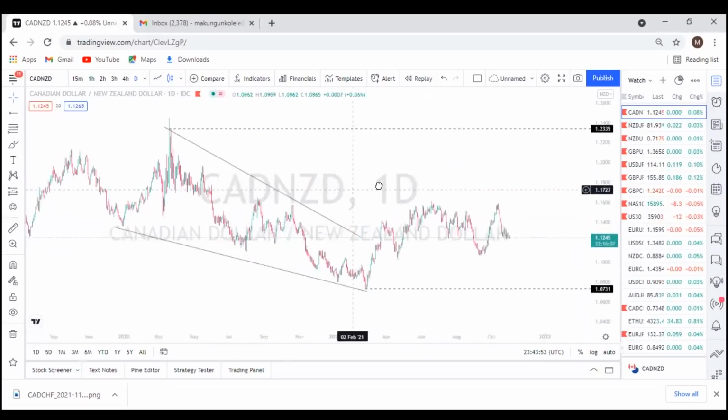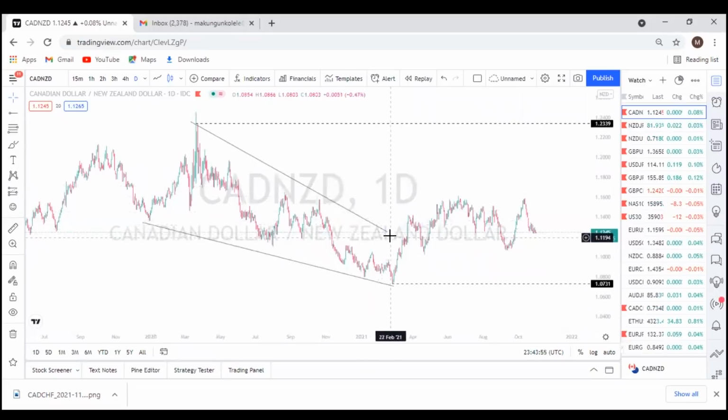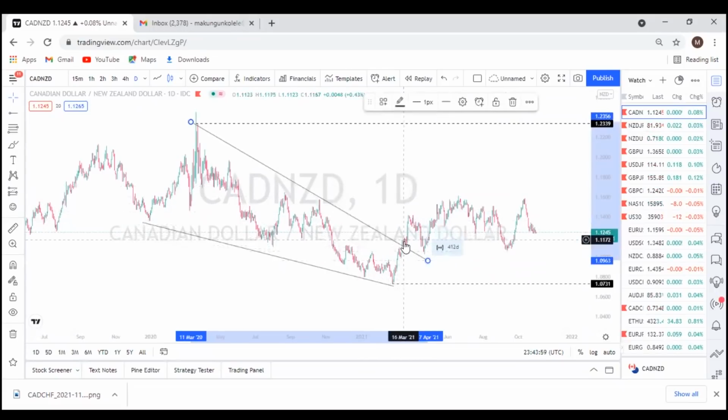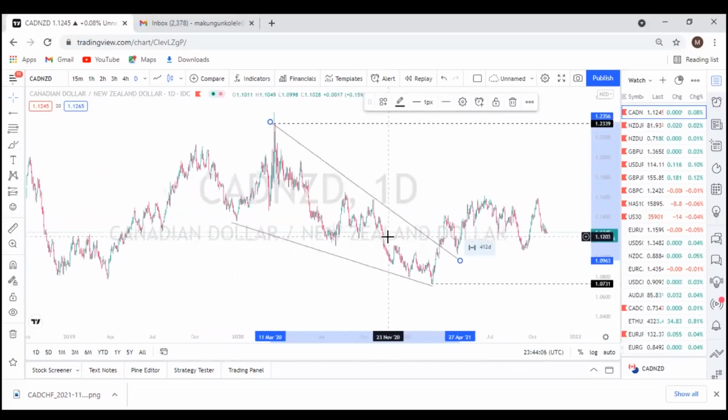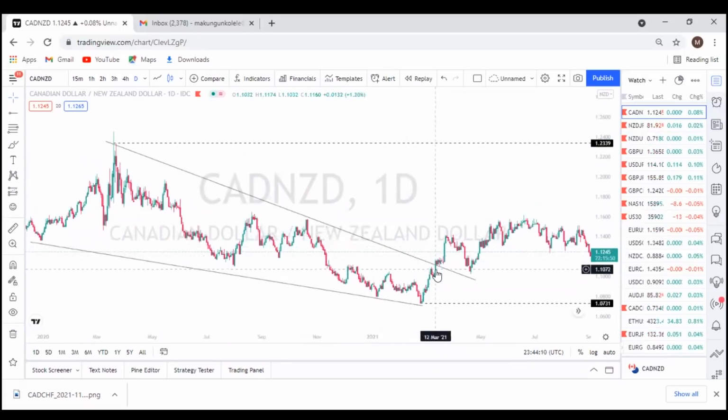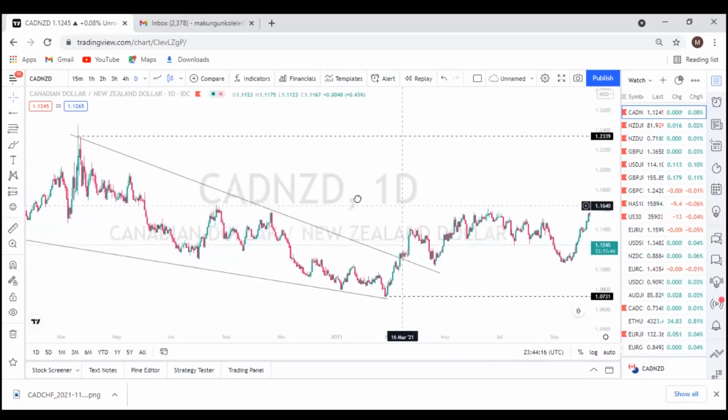And then, as you can see with our structure on the daily, we had a breakout at this level here. The price broke out, it created a correction. As you can see, it went sideways where it broke out. It formed a flag to the upside, a small one for a short-term buy.